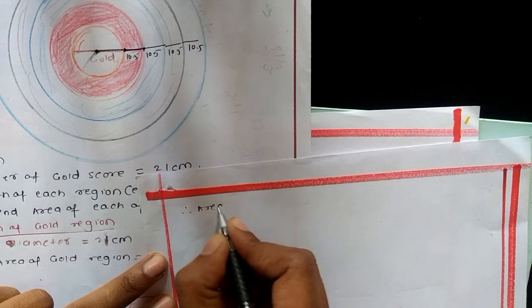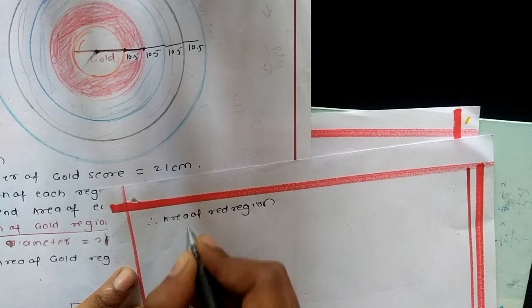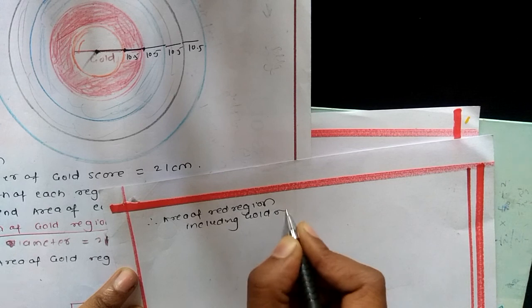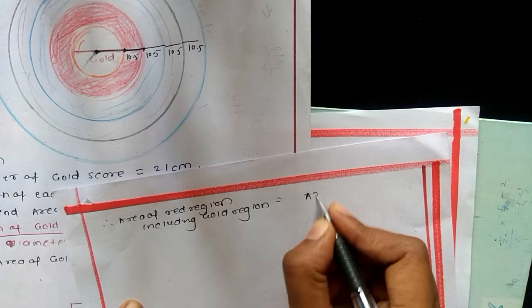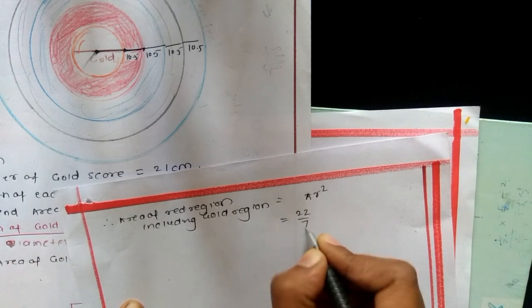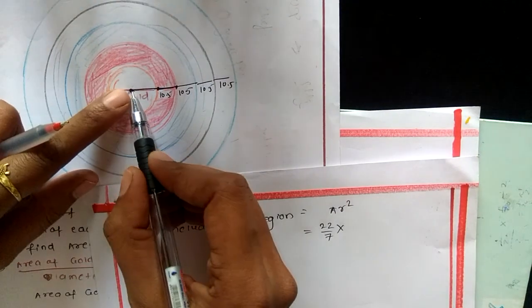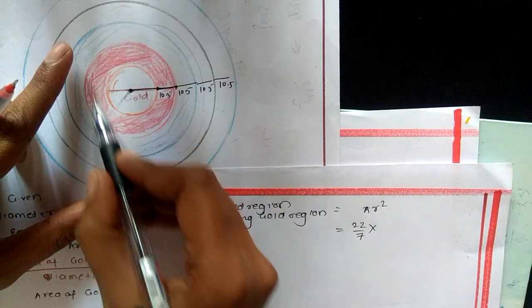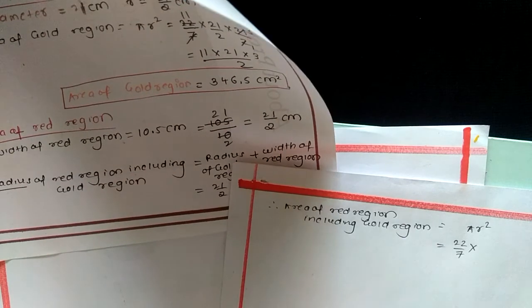Therefore the area including the gold region is pi r square, that is 22 by 7, and r is the radius from the center up to the last border of the red region, that we calculated as 21 centimeter.